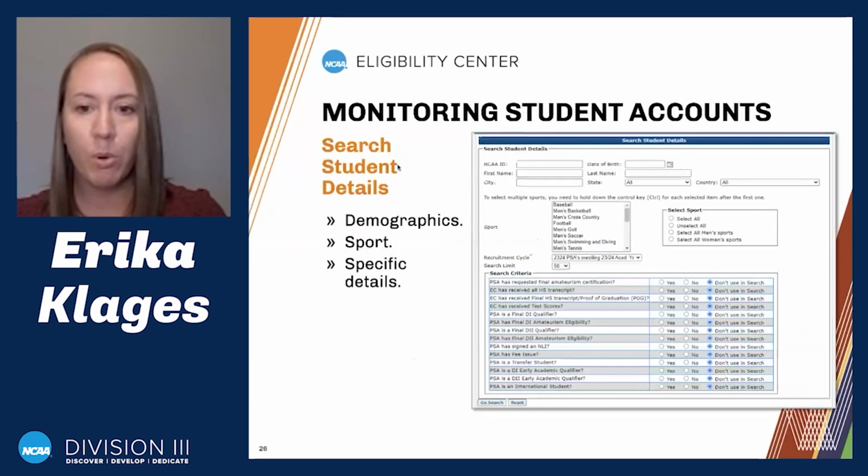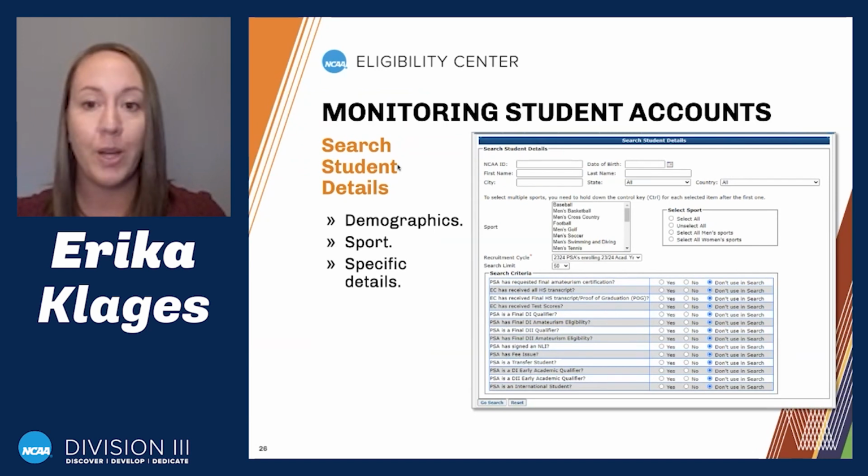This report offers a number of options for searching for a student athlete who is already on your IRL. You can search by their demographics, you can search by their sport, or I want to point out the option for searching by specific student details.